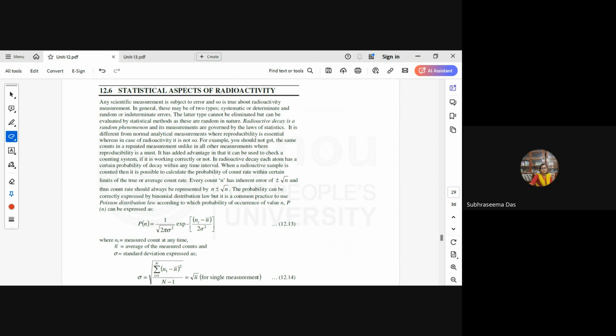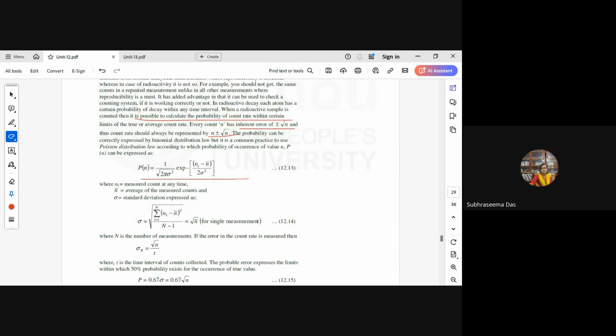Now when a radioactive sample is counted, it is possible to calculate the probability of count rate within certain limits. Every count n has an inherent error of plus or minus root n, and thus the count is represented as n plus or minus root n. This probability can be correctly expressed by the binomial distribution law, but it is common practice to use Poisson's distribution law, given in equation 12.13.